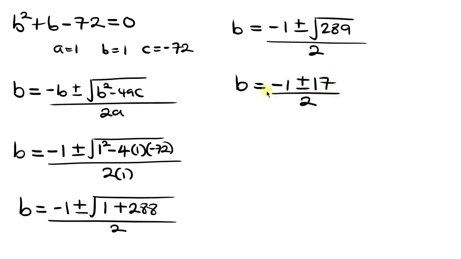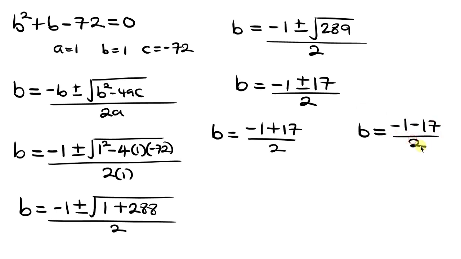So let's separate. We have b equal to negative 1 plus 17, divide by 2, or b is equal to negative 1. This time, let's take the negative 17, divide by 2.